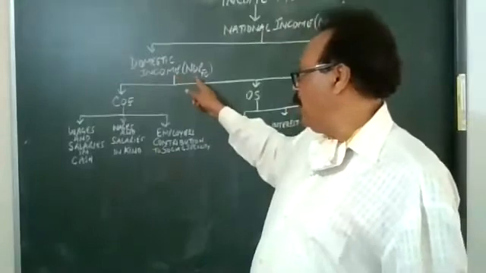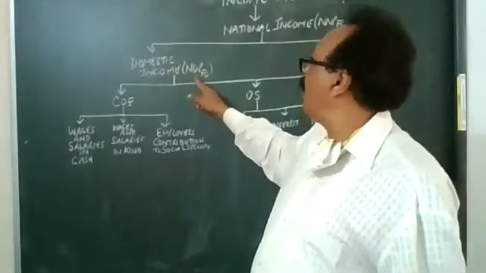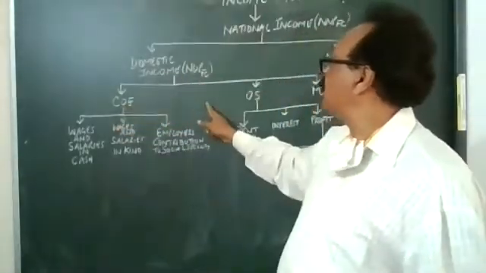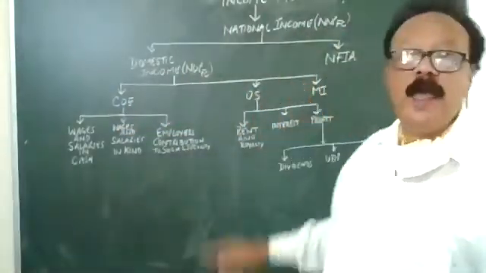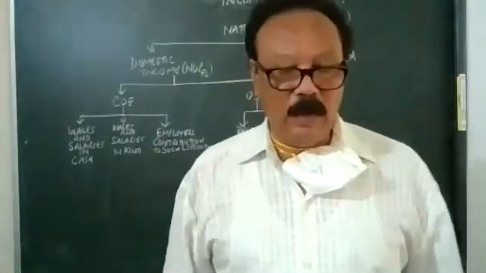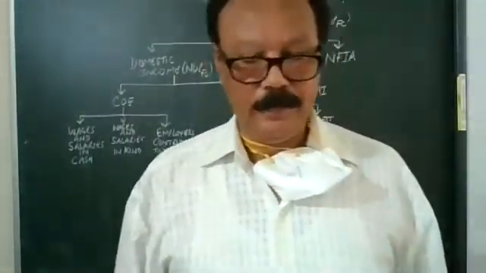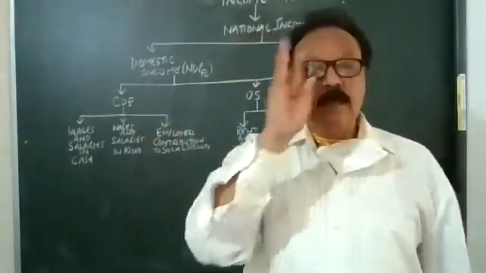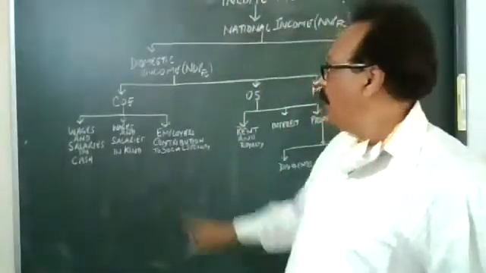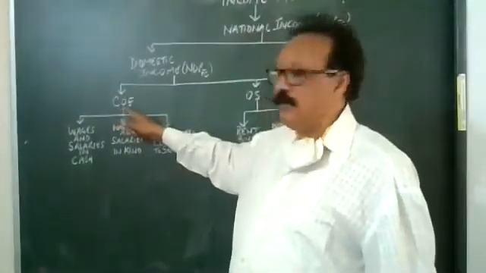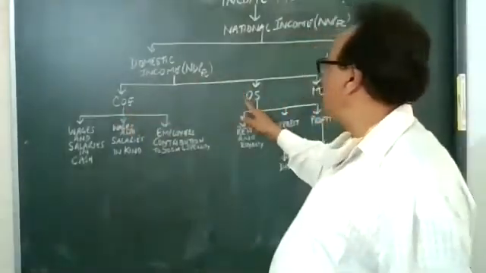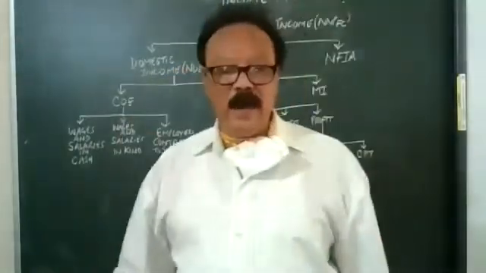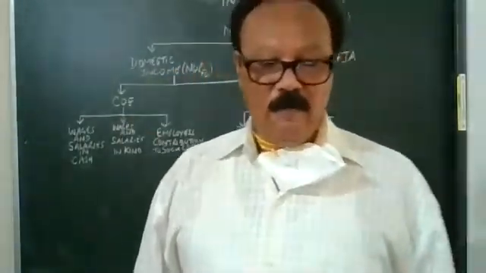So for calculating the domestic income, NDP at factor cost is equal to COE plus OS plus MI. That is your formula. First step is to calculate the domestic income by COE plus OS plus MI equals NDP at factor cost. That is domestic income at factor cost.